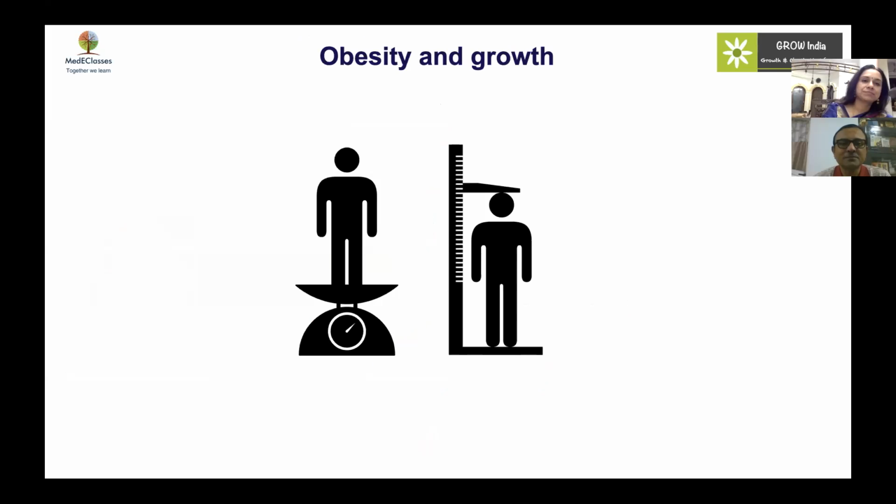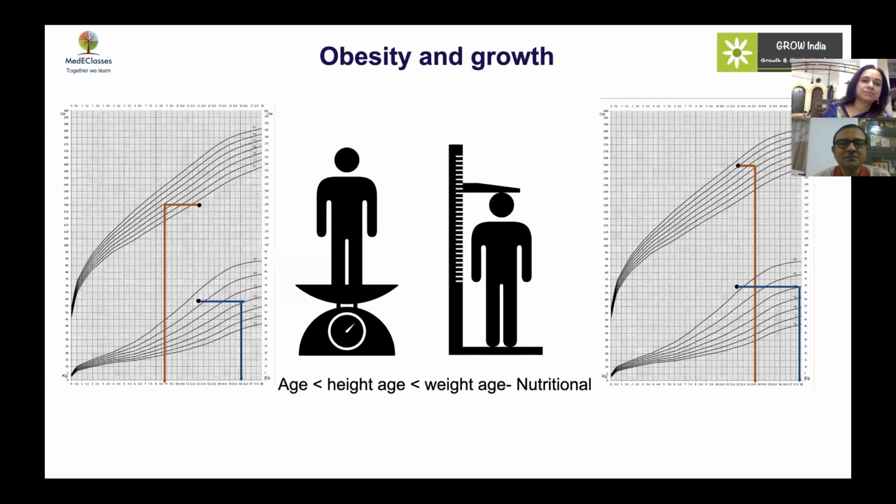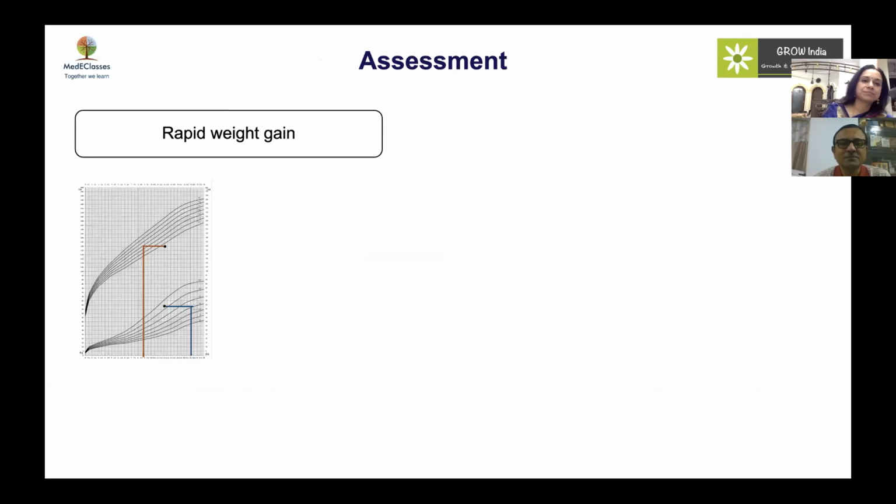If you have a child with obesity whose height age is more than the age, meaning he's tall for his age, it is an exogenous pattern. But if you have a short child with obesity like this girl, you cannot label them as constitutional obesity. This is definitely pathological. And this is the one big message coming out of this case clearly. So when we assess this girl, she had a rapid weight gain and she had this endocrine pattern of obesity.